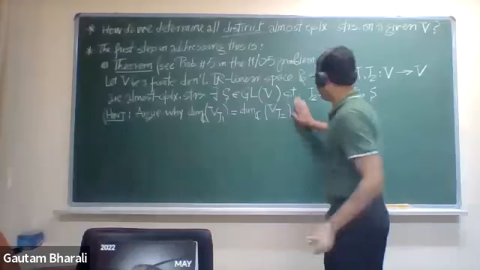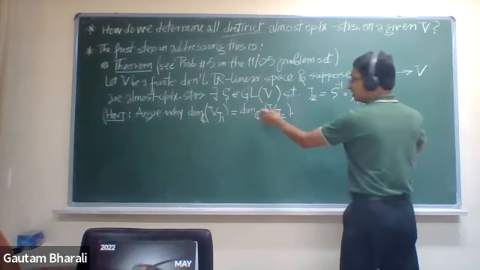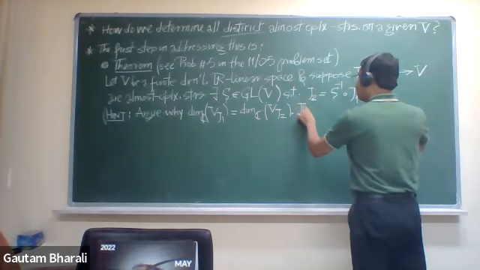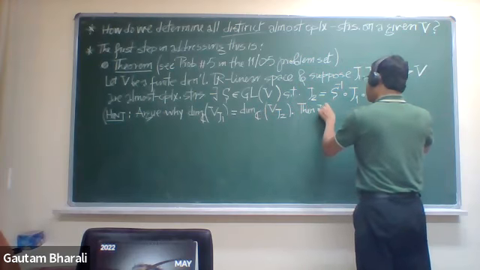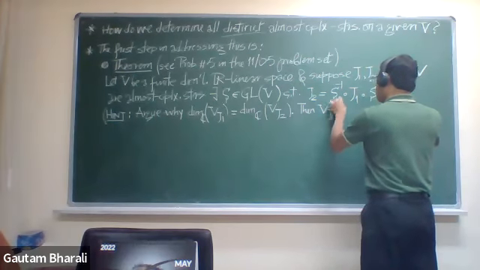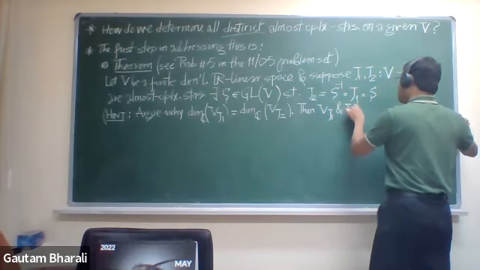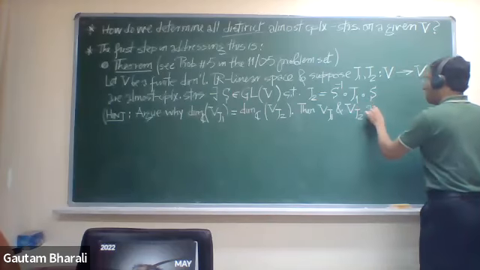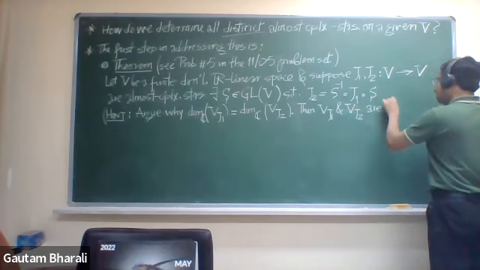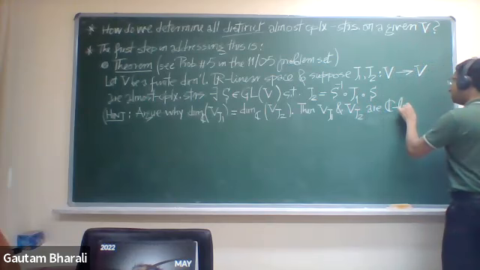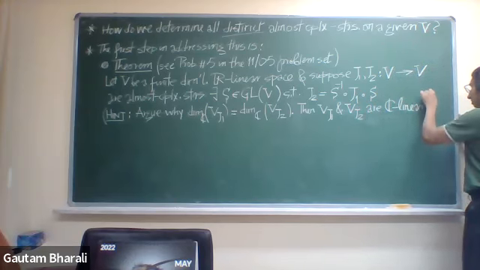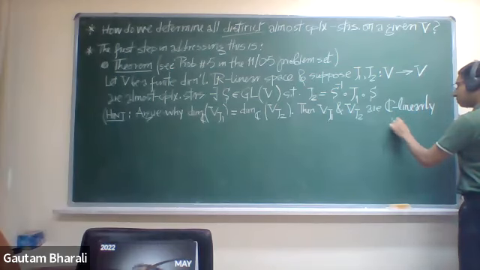So then you see what happens is, this is the key thing. Then V sub J1 and V sub J2 are C linearly isomorphic.